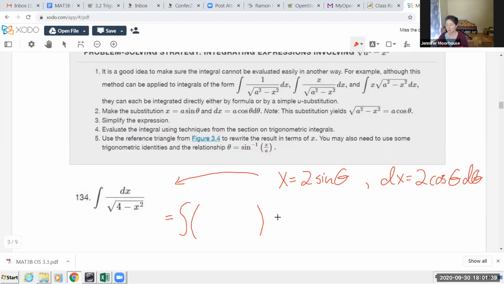Yes. Okay. So you substituted dx is 2 cos theta d theta. And what's this fraction?